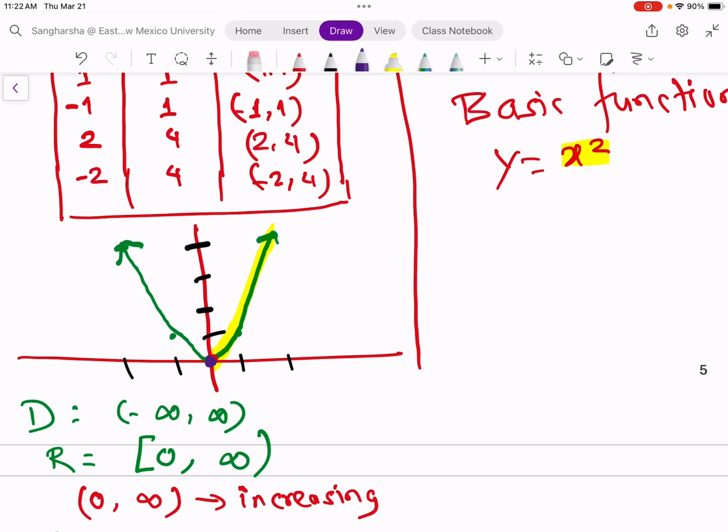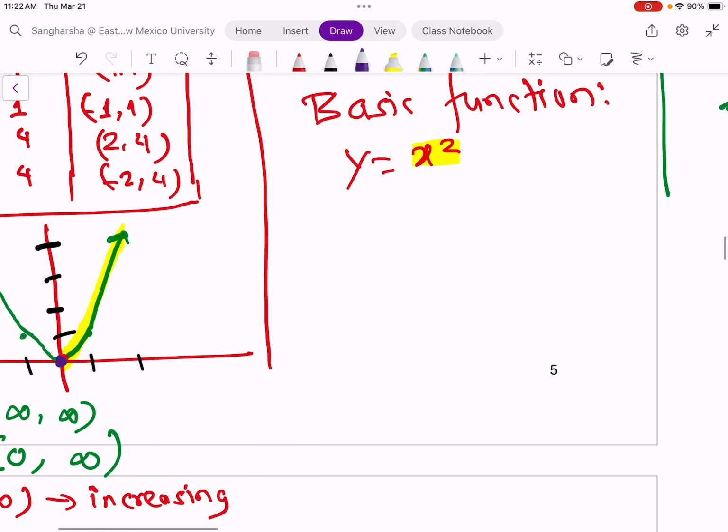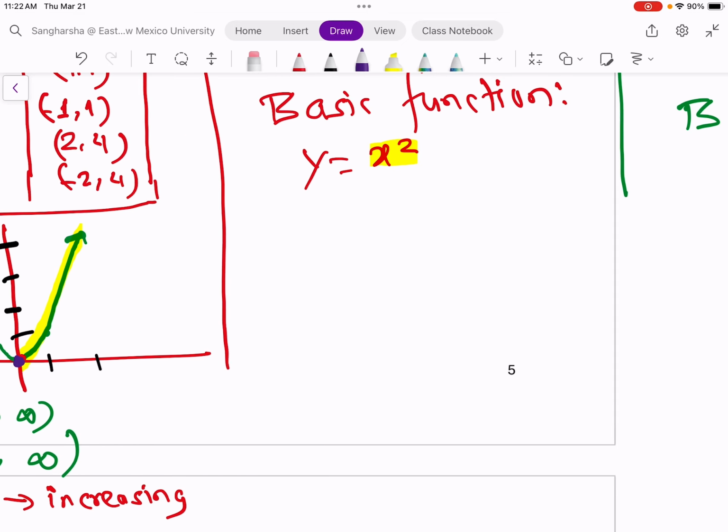What can we say about that point? It's not the origin, it's the vertex, because the graph can be like this. For example, our graph can be something like here, and we can always find this point here. In every graph we have that point. We call that the vertex.